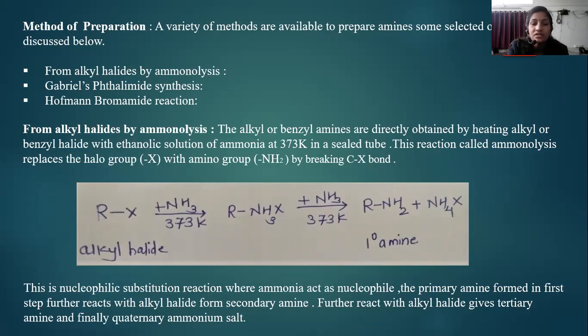Further, we add the alkyl halide to the primary amine to give secondary amine. For the next reaction, we add more alkyl halide to the secondary amine to give the tertiary amine. Then further, when we react alkyl halide with the tertiary amine, we get the quaternary ammonium salt.